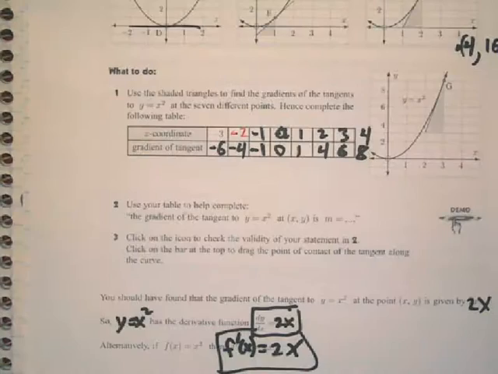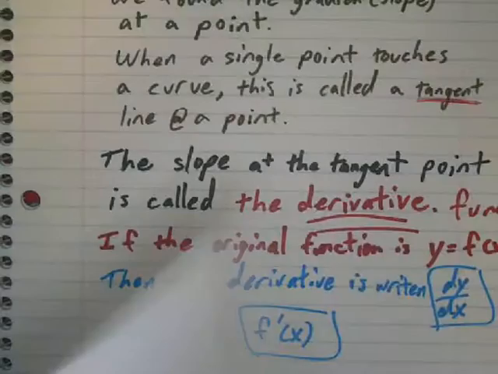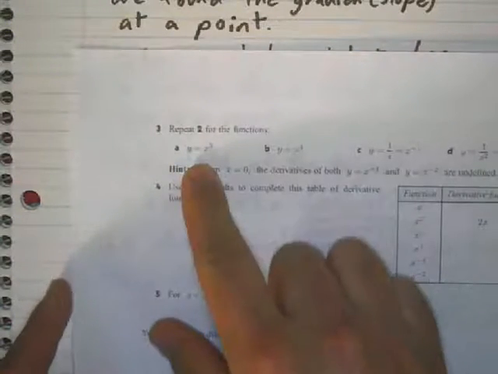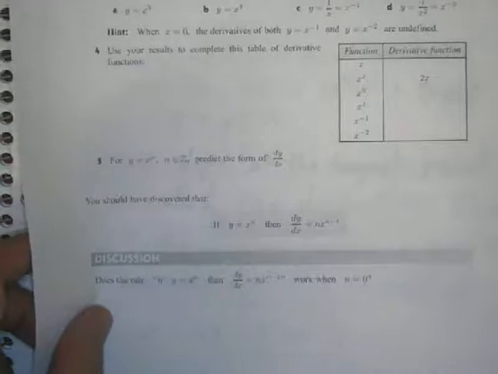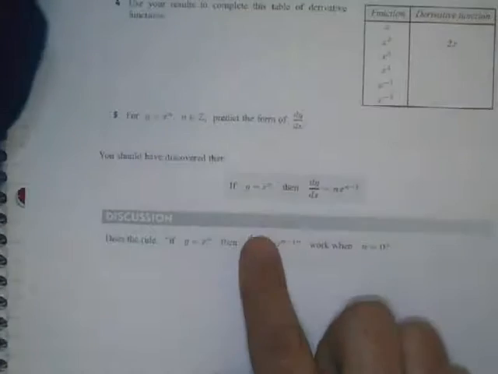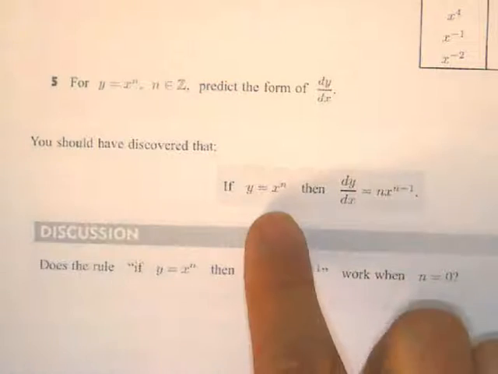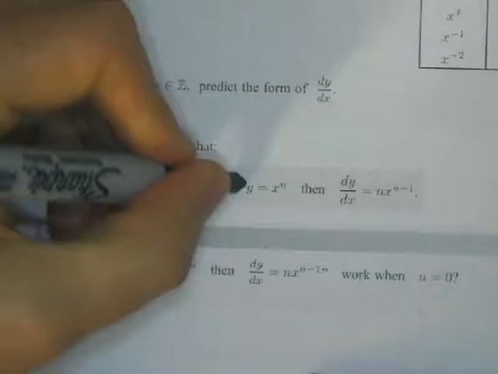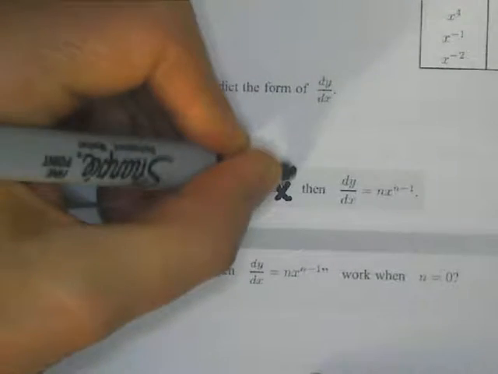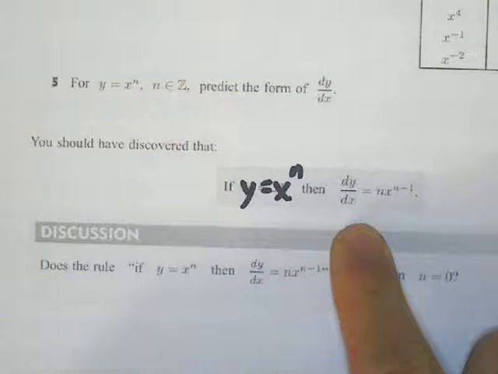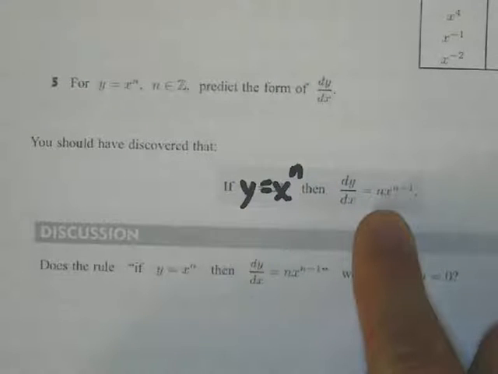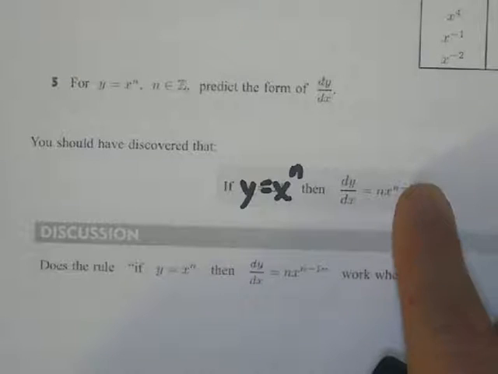Now, something that you need to know is we could do this with y equals x cubed, y equals x to the fourth, and so on. And if we did this experiment, we would end up noticing a pattern. The pattern is that whatever the power we have, y equals x to the n power, when we're finding the derivative, the power comes to the front, and this power decreases by 1.